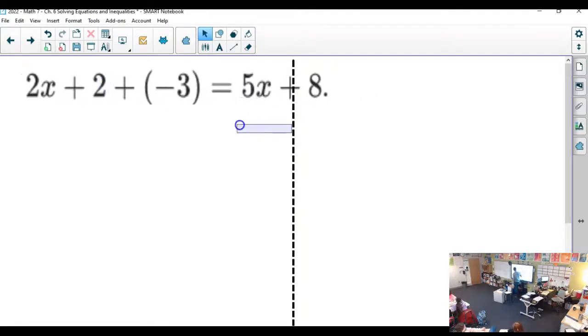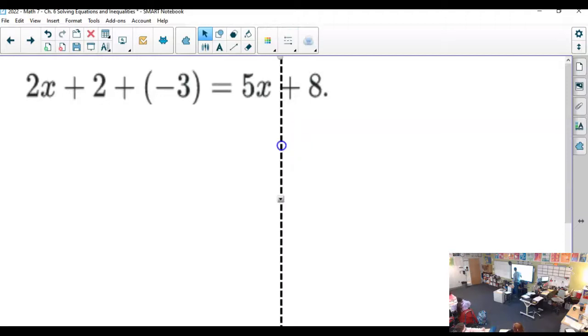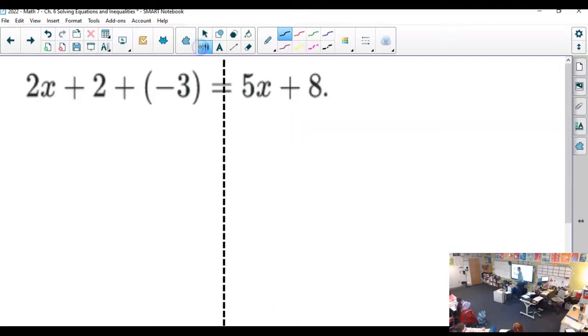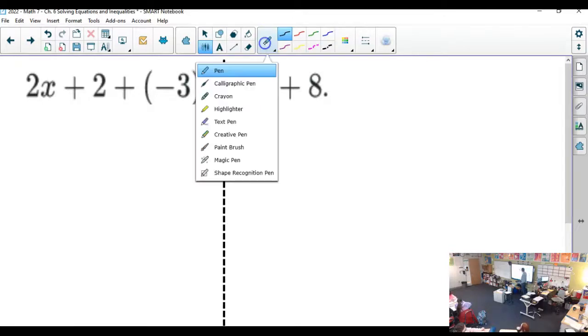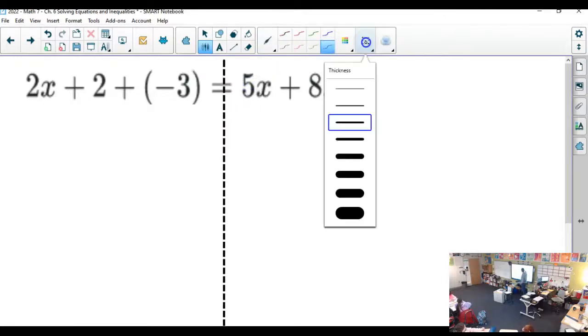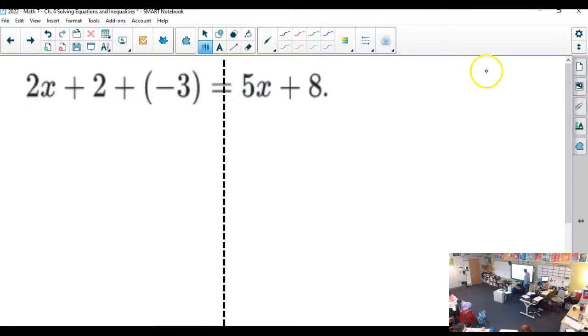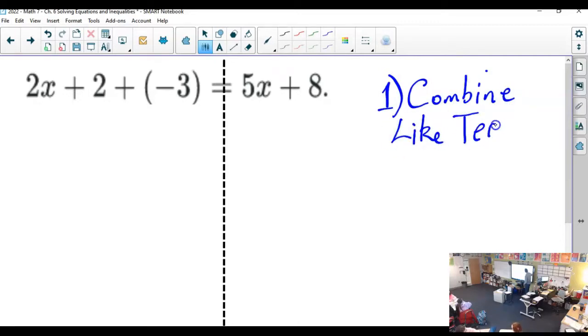So guys, if you want to keep some notes of what we're doing, especially if you're not confident, that's okay. We're just starting this stuff. But step one is always going to be combine like terms, which we cannot cross that center divide.